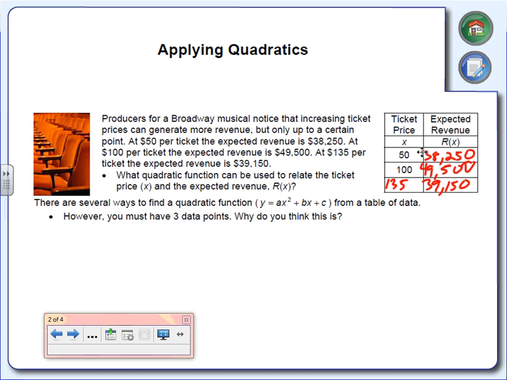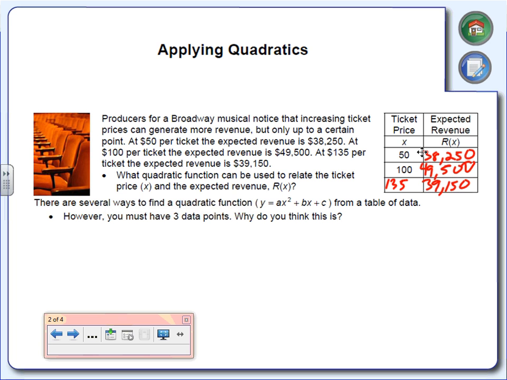Why won't it work with just 2 points? Why can't I just do it with 1 point? Why do I need 3 points? Obviously, the more points we have, the more accurate we're going to be. But why do I need at least 3? Why can't I get a quadratic with just 2?